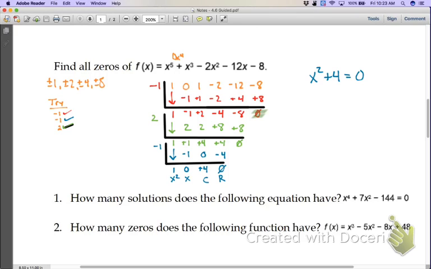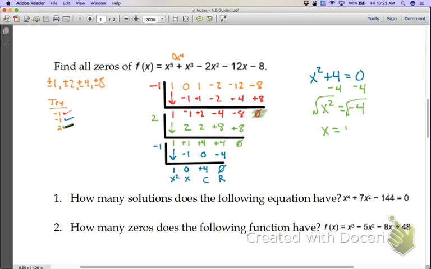Yeah, just subtract 4. Subtract 4 from both sides. Have x squared equals negative 4. Now what? Square root. So I'm left with x equal to, what's the square root of negative 4? Not 4? 2i.